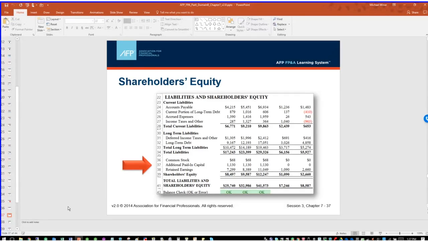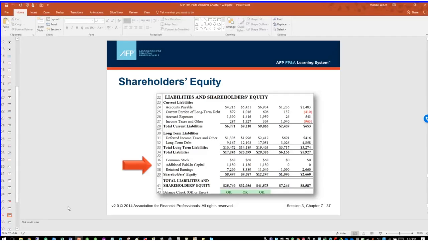What you're really concerned about is 36 plus 37. Okay, the reason those say 68 is because they have 1 million shares outstanding with a par value of, I'm sorry, 68 cents, whatever. And then the rest of what they paid in for those shares to the company, on the initial exchange or subsequent purchases from the company, not on secondary markets, goes on the second line.